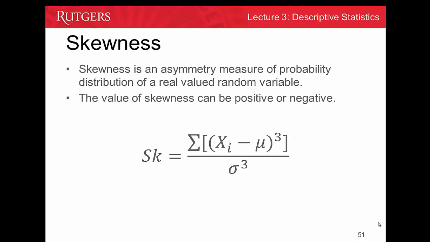A positive skewness indicates that the mean of the data values is greater than the median, and that the data distribution is right skewed. And the negative skewness indicates that the mean of the data values is less than the median, and the data distribution is left skewed. And this is the formula to calculate the skewness.